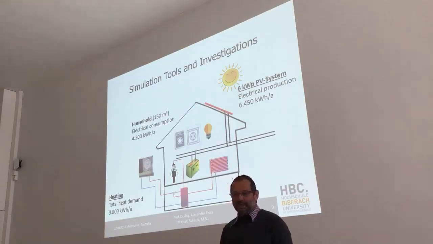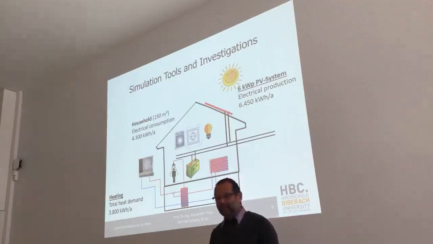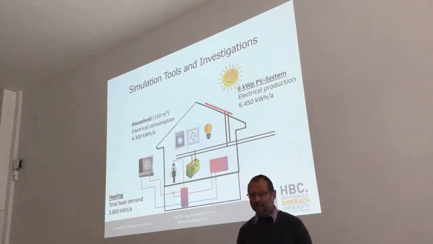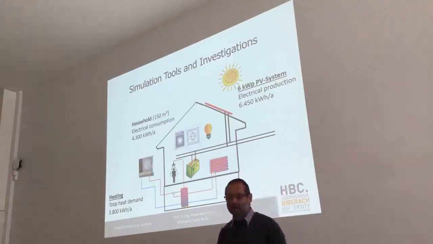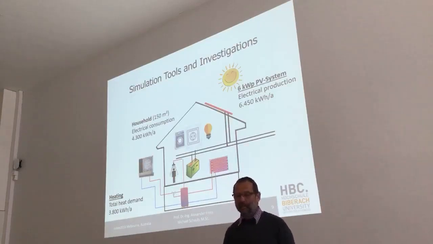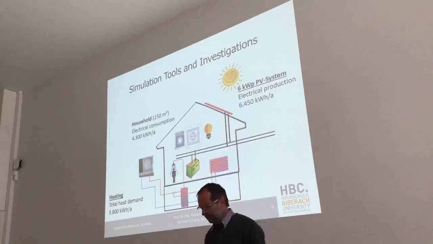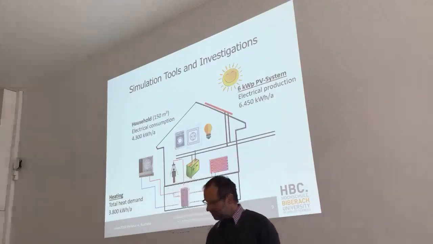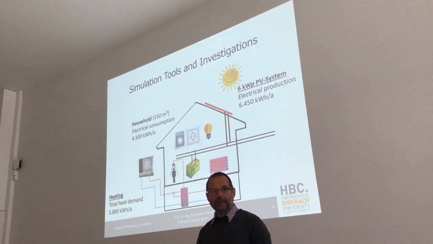The electrical household consumption was about 4,300 kilowatt hours of electricity a year, and the total heating demand was about 3,800 kilowatt hours a year for domestic warm water and heating applications. In the first simulation, the heat demand was covered by the condensing boiler, and only the capacity of the battery was varied.